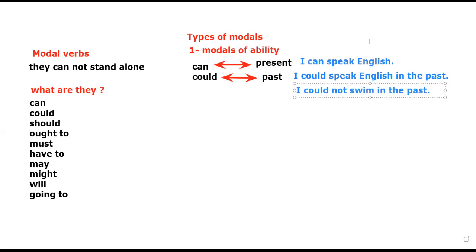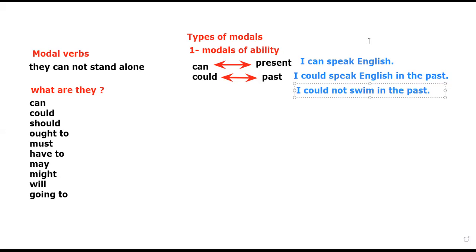The difference between the two, can and could. Can expresses the present. I can. I can speak. I can talk. I can wait. I can call. I can walk. I can eat. I can drink. Whatever you can. If you cannot, I can't. I can't speak.